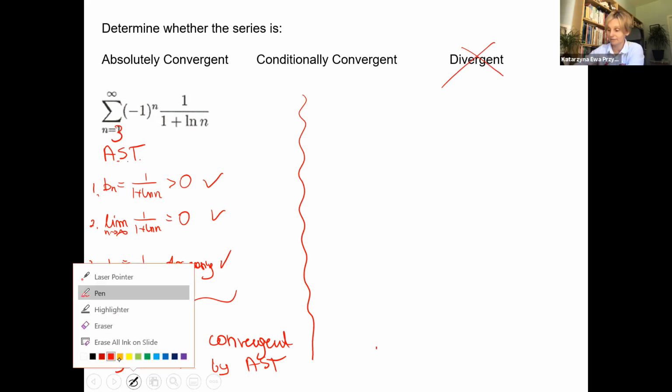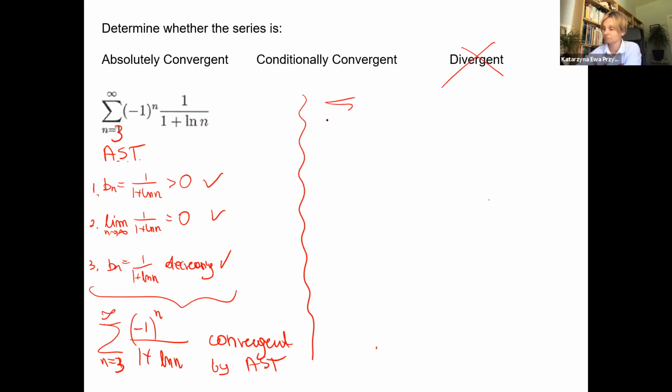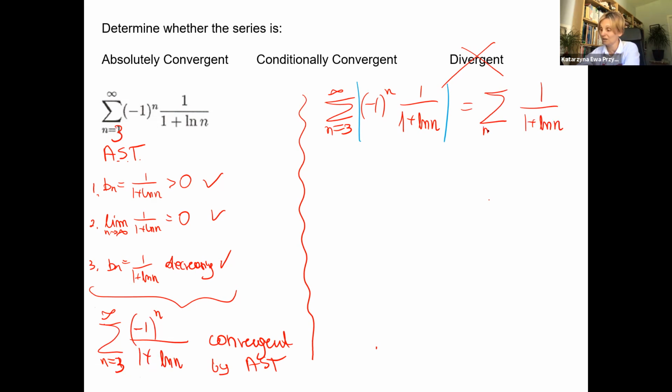Okay, let's test the absolute value: 1 over 1 plus ln of n. Do you think this formula is similar to the formula that we just did? 1 plus ln of n will stay, and negative 1 to the n will become simply 1.